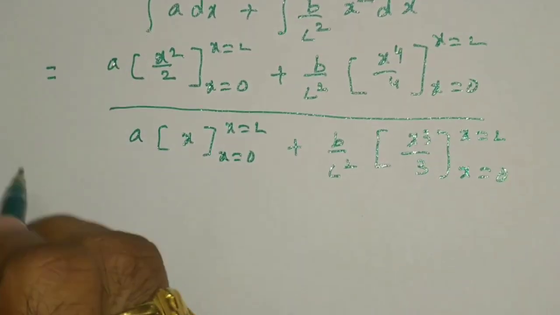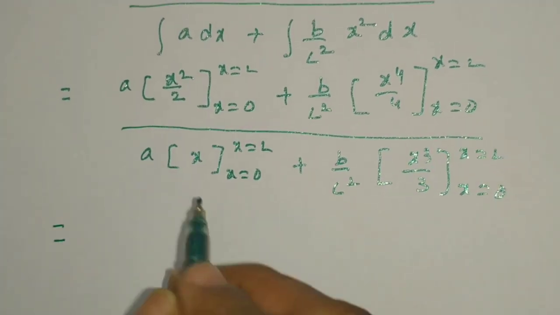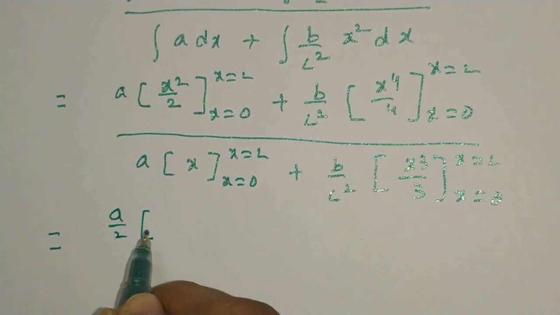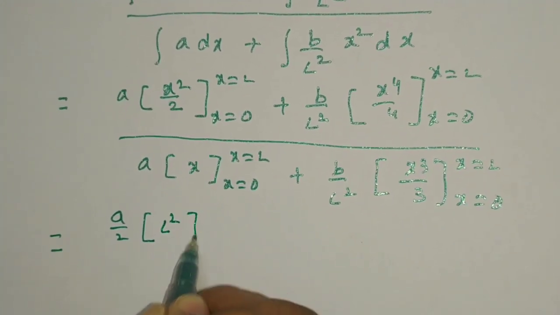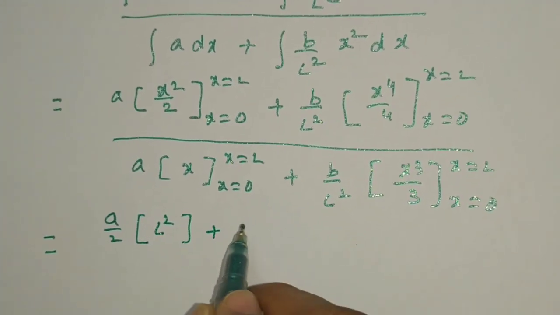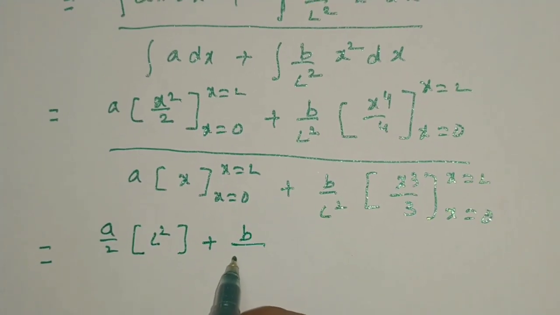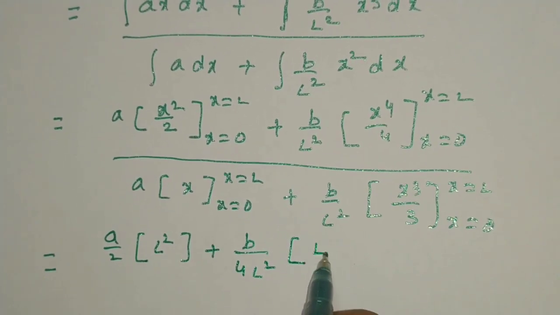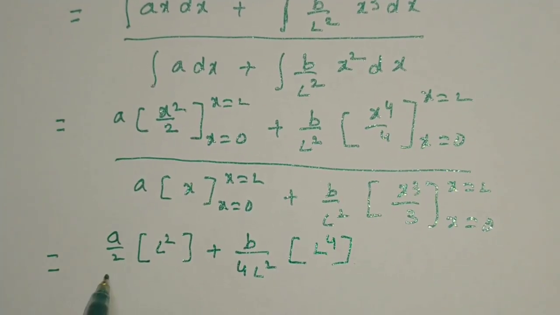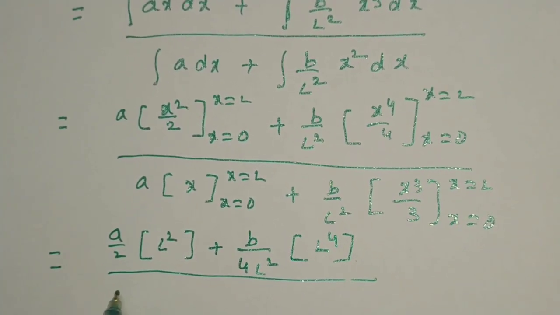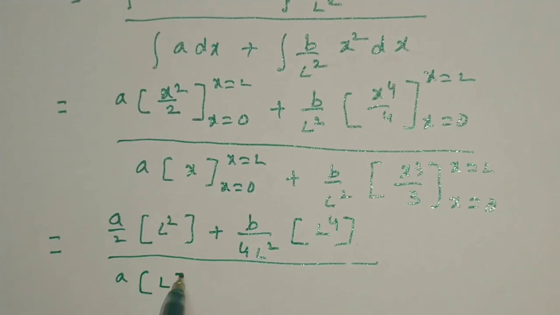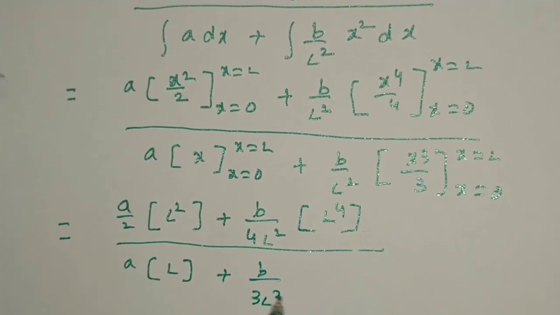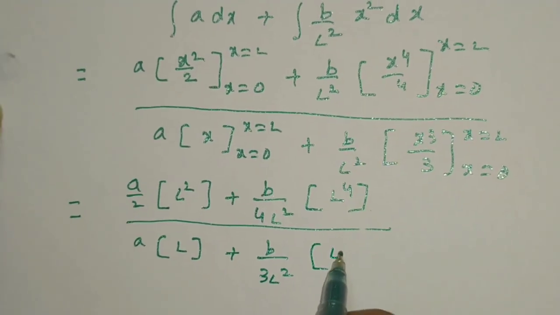Now substitute the limits in each term. This is equal to a by 2 times L squared minus 0, plus b by 4L squared times L to the power 4 minus 0, divided by a times L minus 0 plus b by 3L squared times L cubed minus 0.